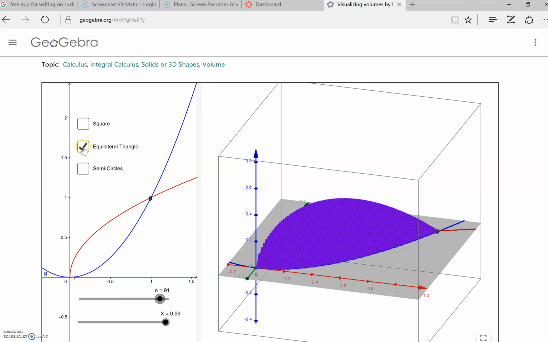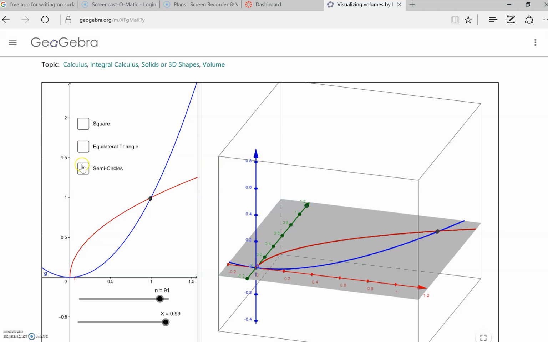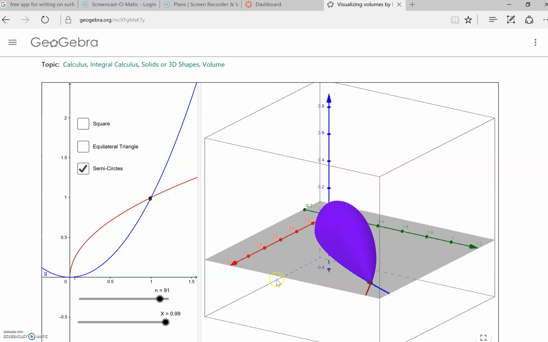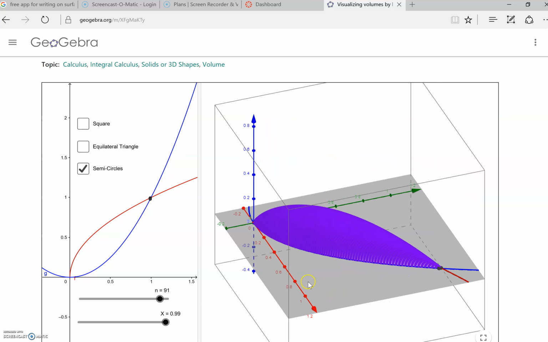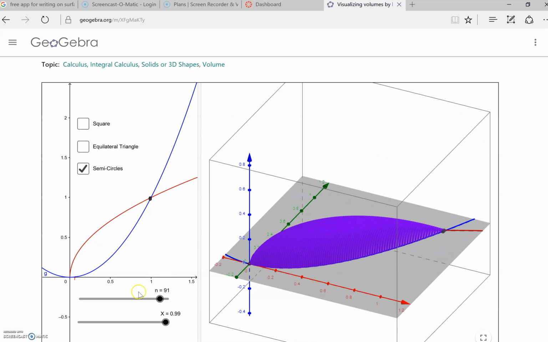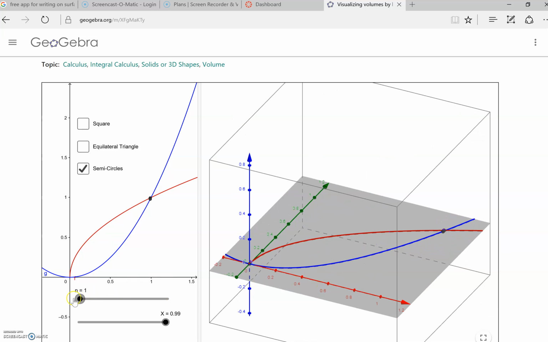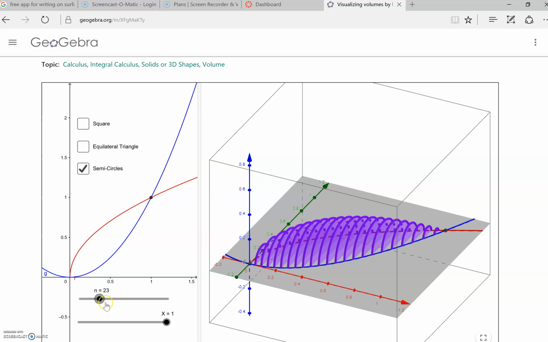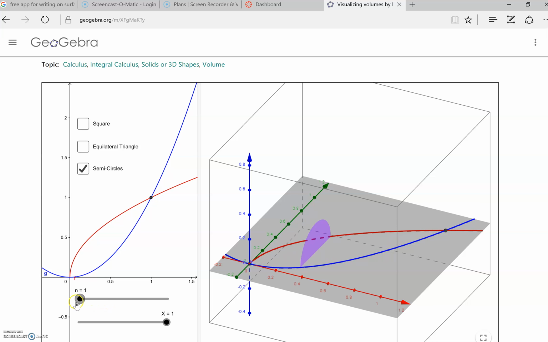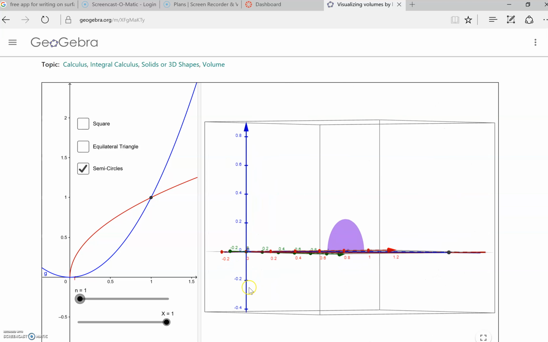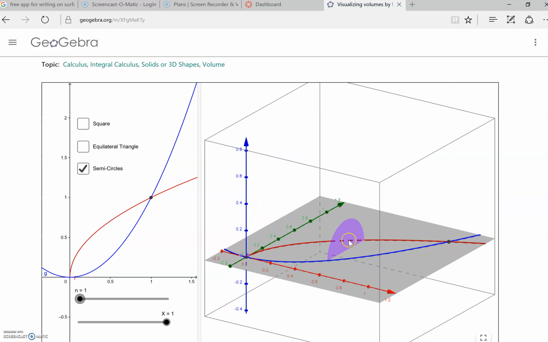And our cross sections could also be semicircles. Again, we just rotate this to get a feel for what it looks like. But if we go back to the very beginning, if I change n and I change x here, as I place these semicircles in region R to form this solid, the key thing for us to think about is if we can describe the volume of that one piece right there.